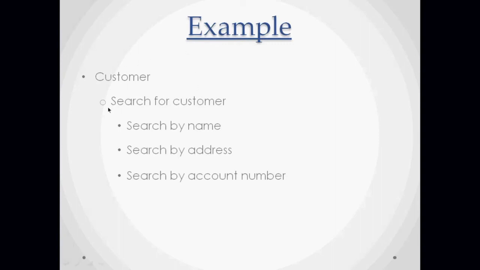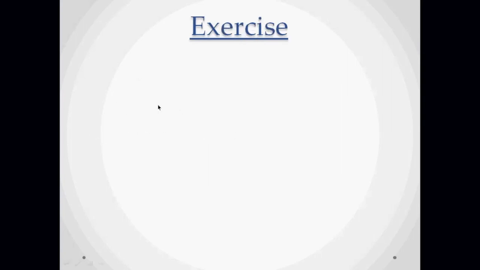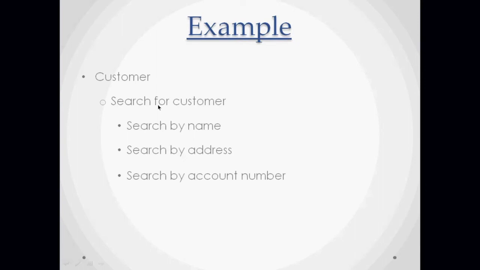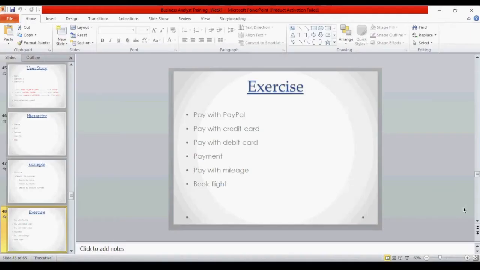Because this is a large user story, which is my epic, I've broken it down into 3 user stories: searching by name, searching by address, searching by account number. But what am I talking about? I'm talking about customer. I can have another functionality, registration, which is about registering customer.